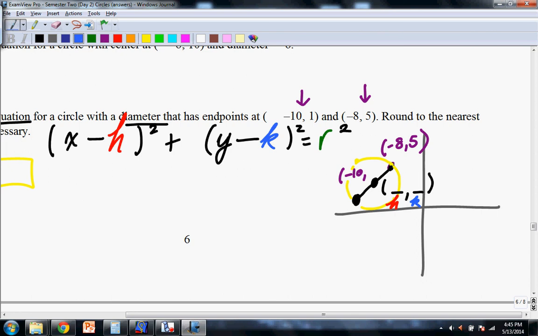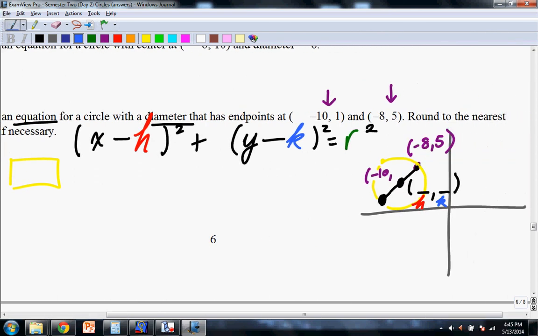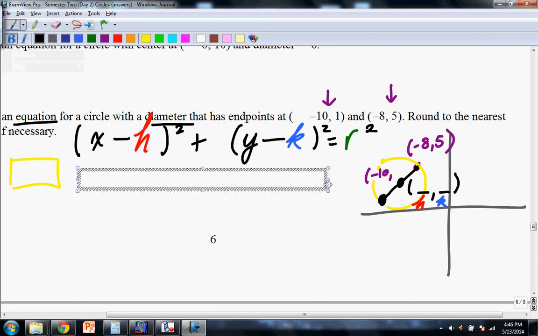So notice that the middle of the circle is the midpoint of the diameter. So real simple concept here.